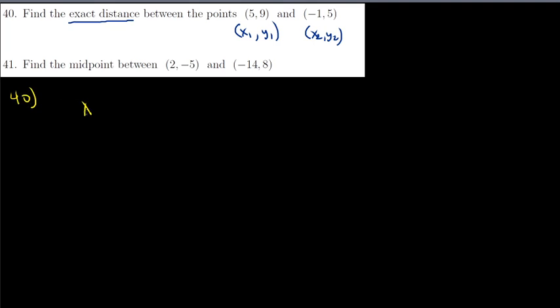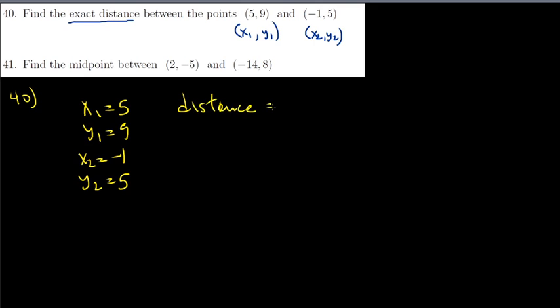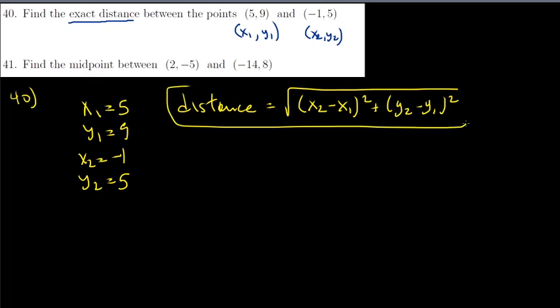So x1 is equal to 5, y1 is equal to 9, x2 is negative 1, and, sorry, y2 is also 5. So don't get those mixed up. And remember, we're looking for distance. Distance is the square root of x2 minus x1 squared plus y2 minus y1 squared. Again, you should know that, it's the formula for distance.